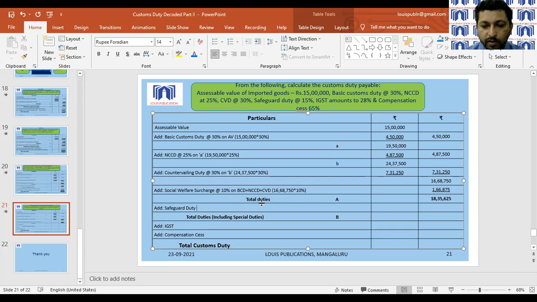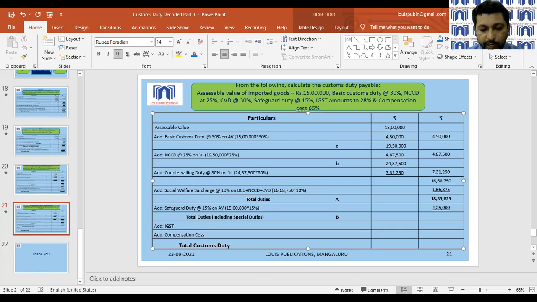Then safeguard duty is given in the problem. At 15% is given. Since a percentage is given, it will always be calculated on assessable value. So 15 lakh is the assessable value into 15% will be 2,25,000.